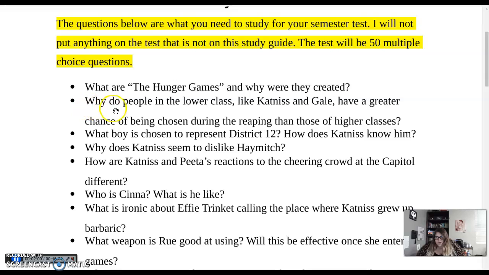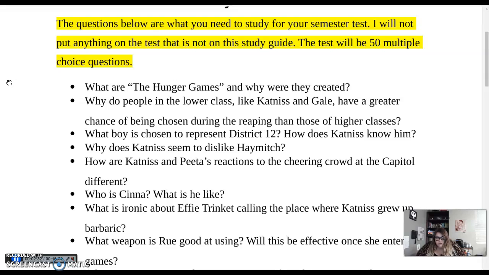Okay, the second one: why do people in the lower class, like Katniss and Gale, have a greater chance of being chosen during the reaping than those of higher classes? This one is talking about how people like Katniss and Gale, whose families are the poorest of the poor, have to put their name in more times in exchange for food, water, and supplies in order to survive.